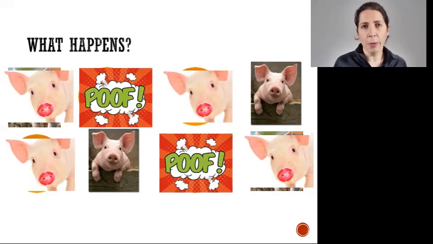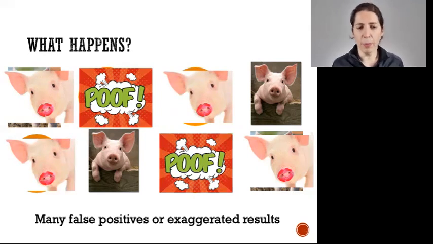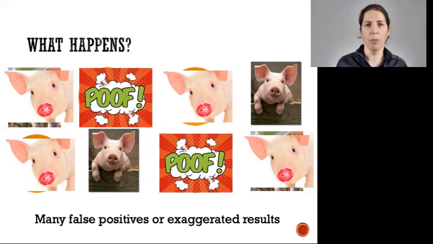So what we end up with is a literature with many false positives. Some of these pretty positive results, what's underneath should actually be a null result. That would be the more accurate result. Or in some cases, they're not false positives, but they're exaggerated. The effect size is a lot bigger in the report than it would have been if the data were reported in an unbiased way. So we'll talk more about these issues in the next video.